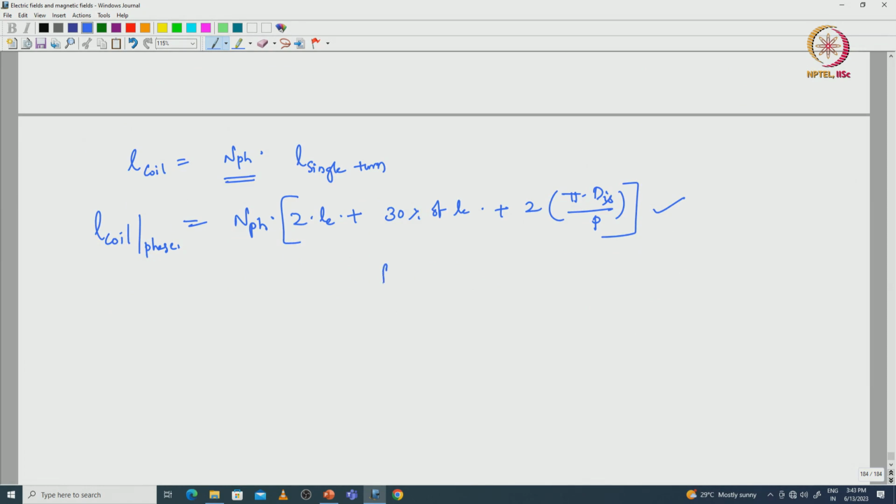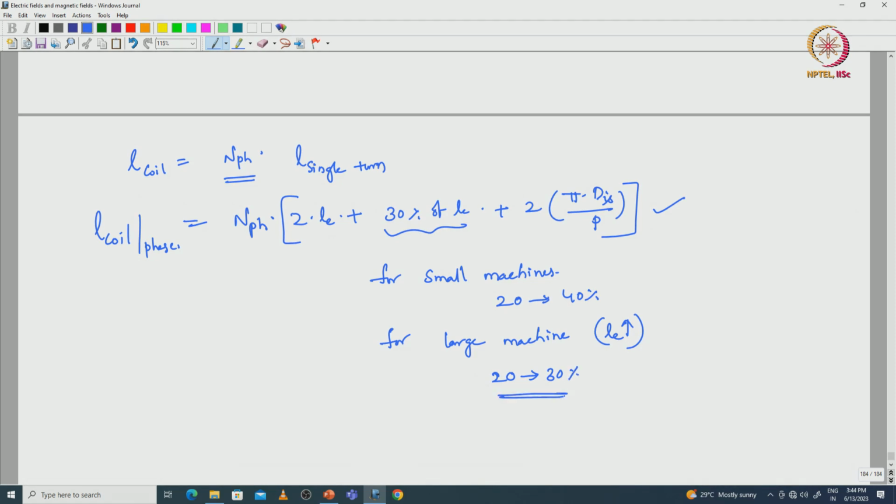Generally for small machines, this portion will be 20 to 40%, and for large machines where the length of the core is very high, during that time we have to consider 20 to 30%, okay, to make the extra portion of the straight conductor length outside the stator core.